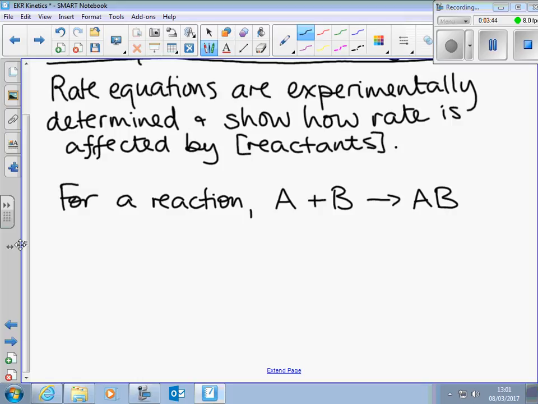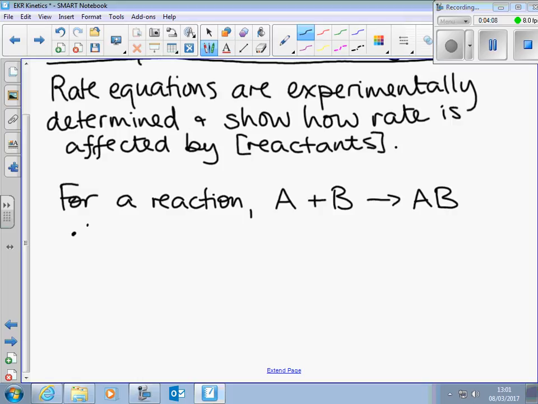We've got several important bullet points I'm now going to make, and then we'll start applying the ideas to some numerical examples. And the first thing that we need is the actual rate equation. And what that's doing is relating the rate to the concentration of both reactants A and B.